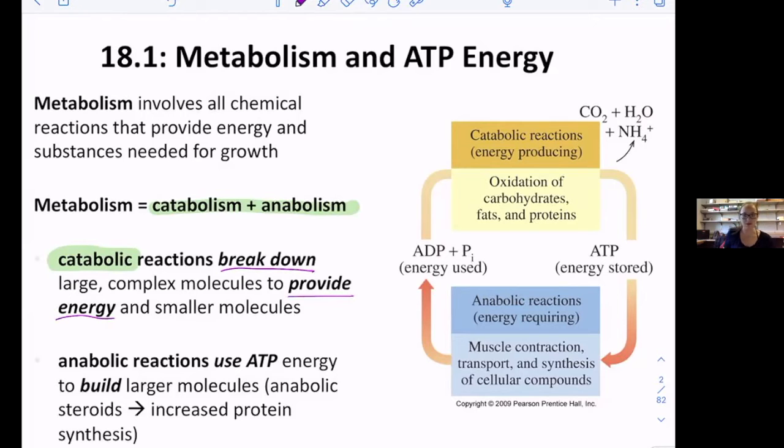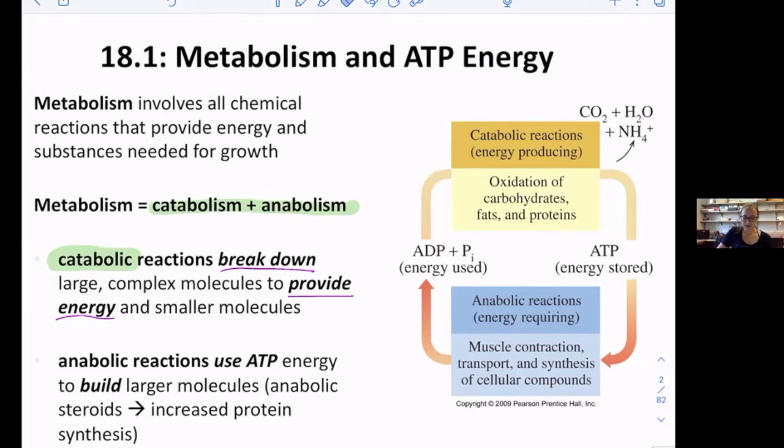So we've talked about carbohydrates. Those have a lot of energy inside of them. We know when we run or exercise, we like to eat a lot of carbohydrates because they're broken down easily. That breaking down to provide energy for your body is called a catabolic process or catabolic reactions.